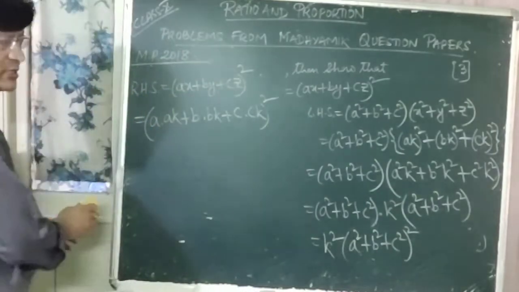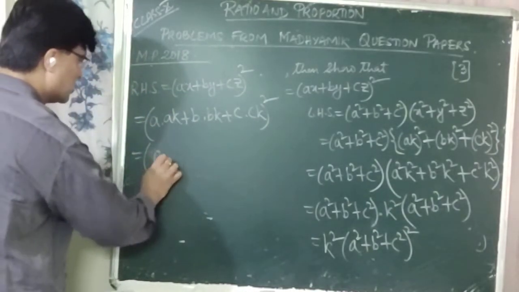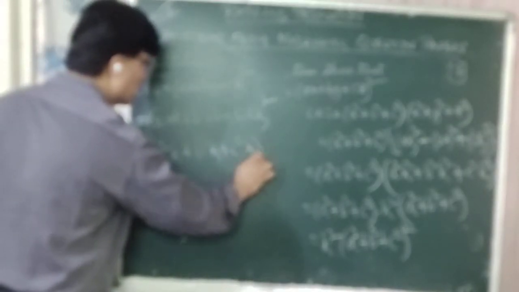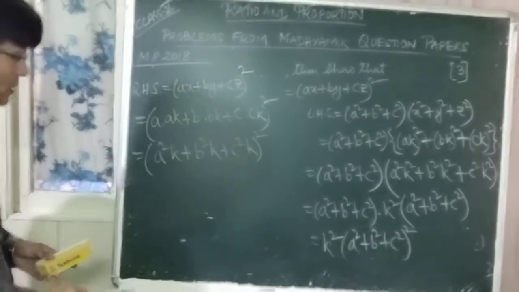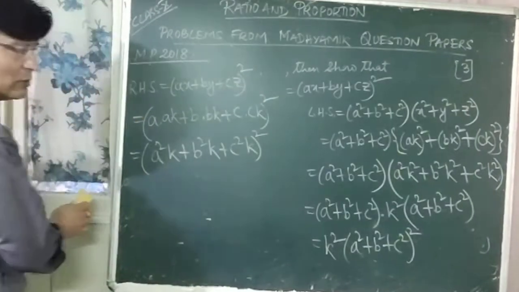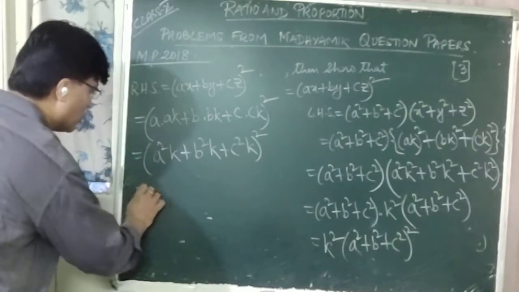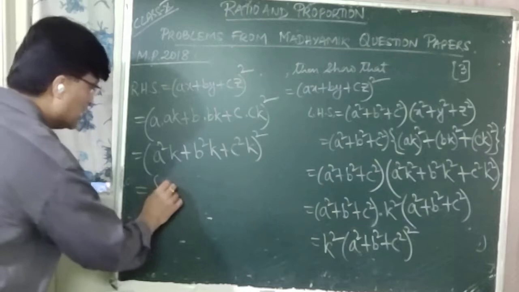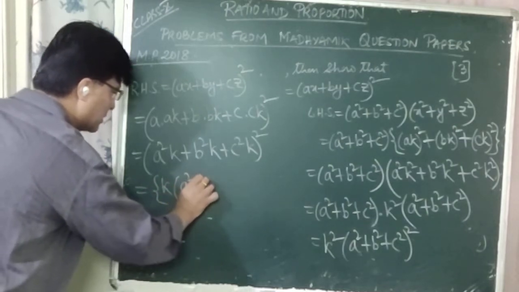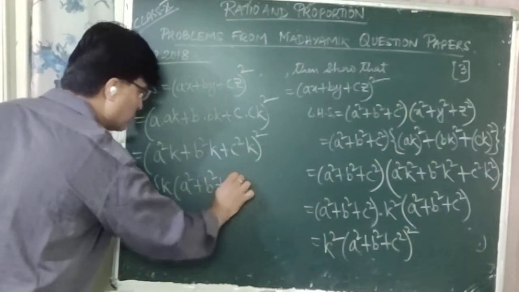So now let us simplify it further, which is equal to (a square k plus b square k plus c square k) whole square. Is that clear? So now you can take common from within the whole square. What is common? Let us write it within a second bracket. Here k is common, so within the bracket a square plus b square plus c square.